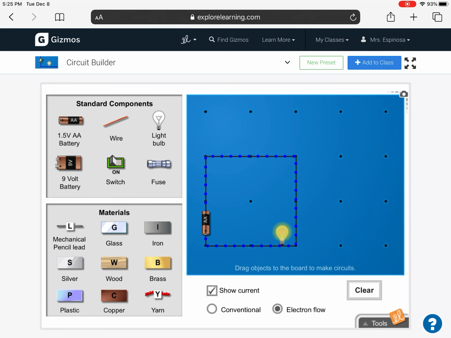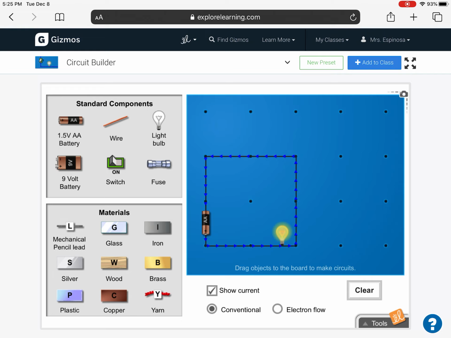And if you notice, the direction of the electron flow compared to the direction of the conventional flow, they are actually backwards. They are opposites, because we now know that it's the electrons that are moving.